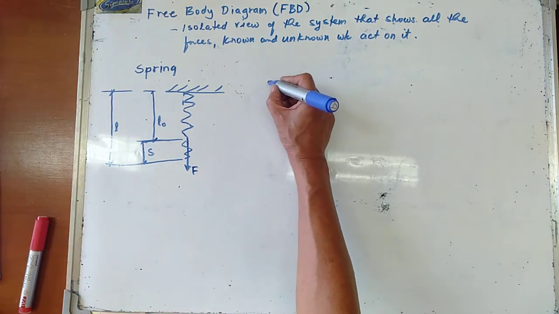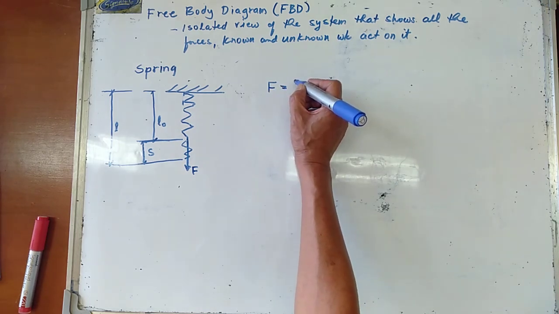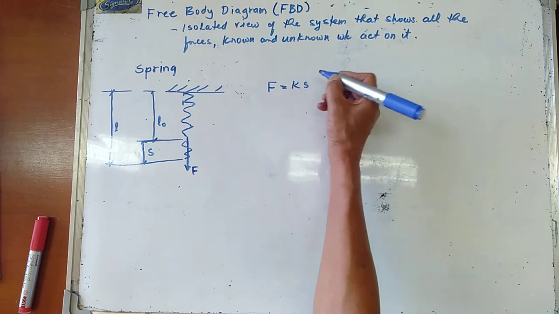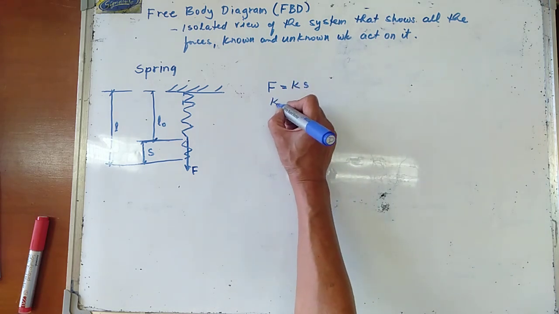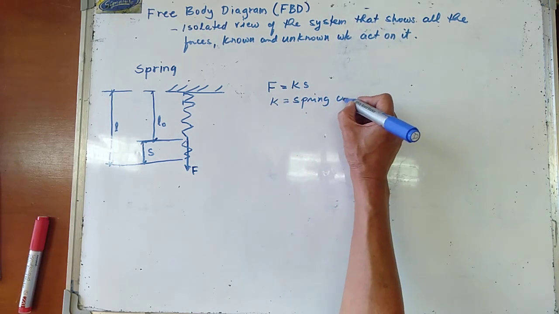So to determine the value of F, the value of F is equal to Ks. Again, your K in here is your spring constant.